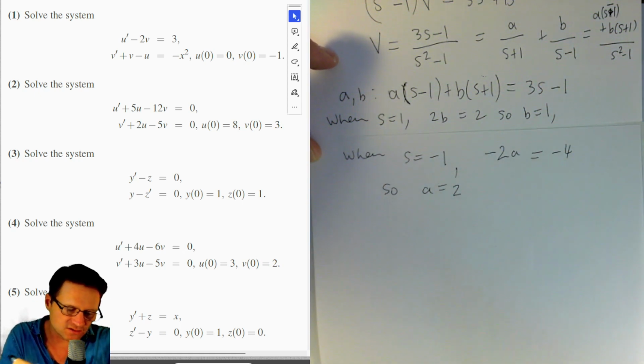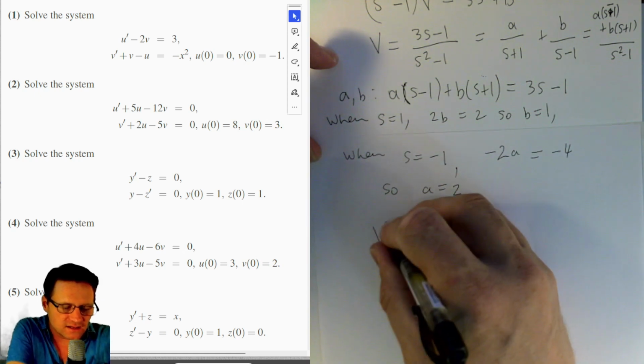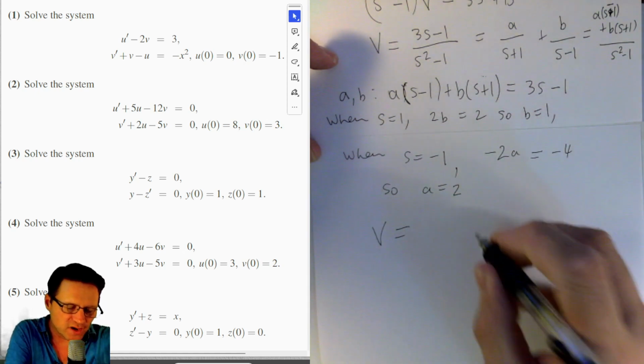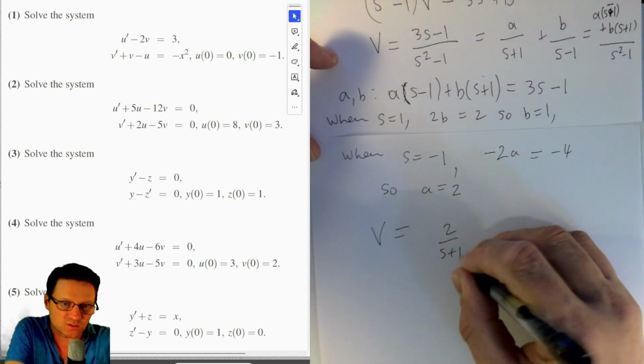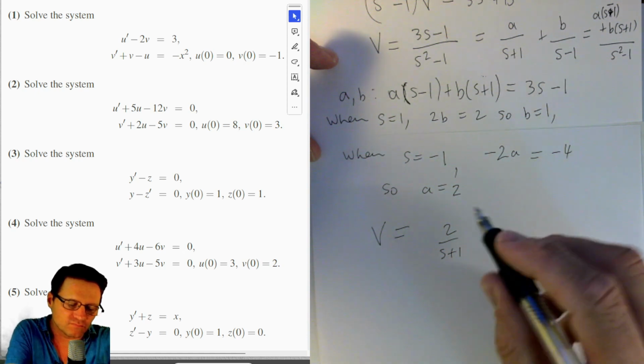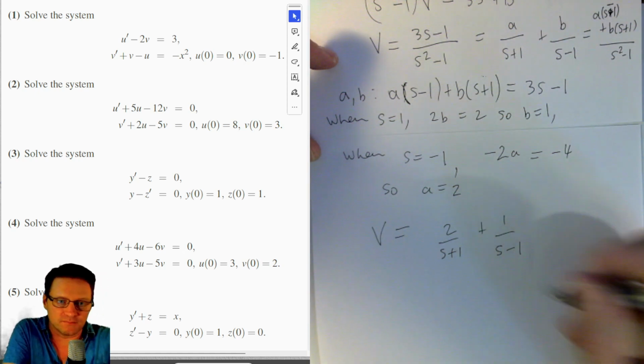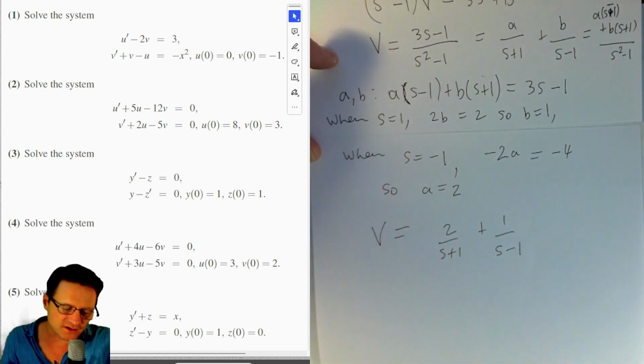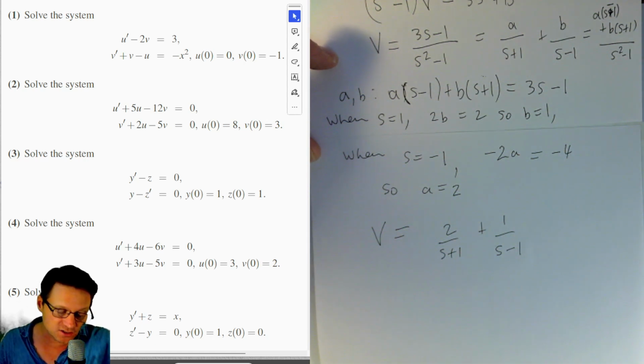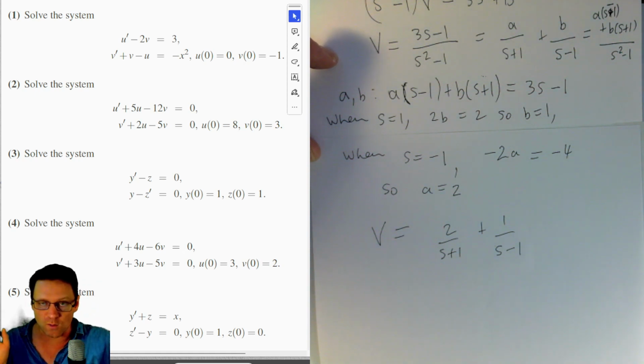Okay, so what this tells us then is that uppercase V can be expressed as 2 over s plus 1, plus 1 over s minus 1. And if you put this back together, you'll see you get 2s minus 2 plus s plus 1, which is 3s minus 1. So that works.